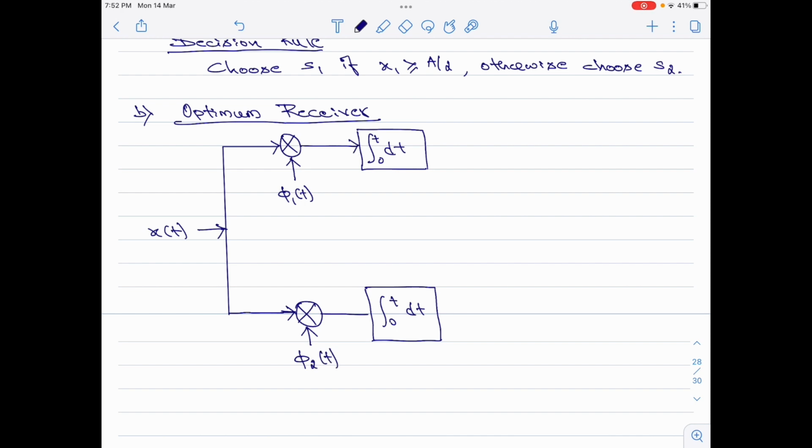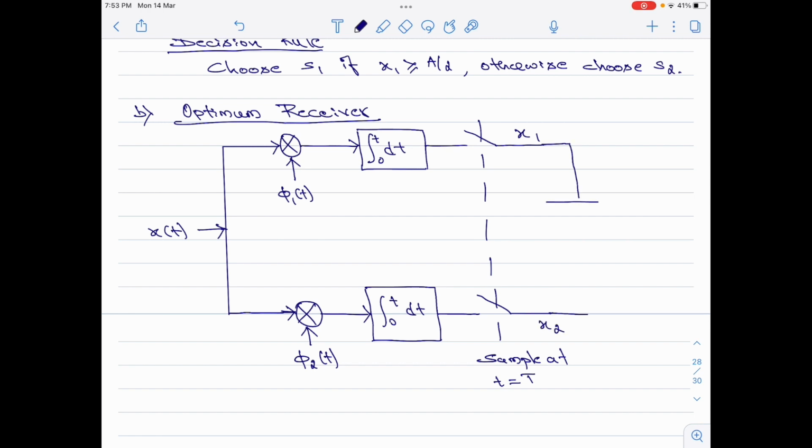Then the product of each branch is given to the integrator. The output of the integrator is sampled here. Please note it is sampled at t equals capital T. The output of the upper sampling branch is the coefficient x1 and that of the lower sampling branch is x2.